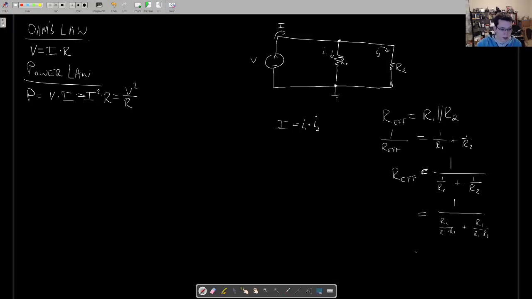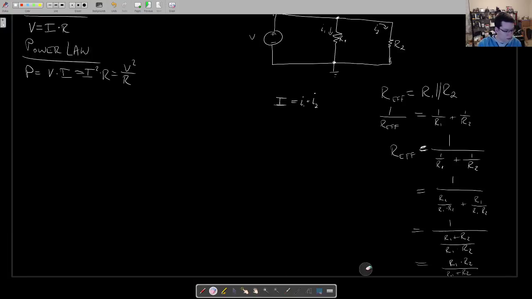We're left with R1 plus R2 divided by R1 times R2, so the effective resistance is R1 times R2 divided by R1 plus R2. There we go.